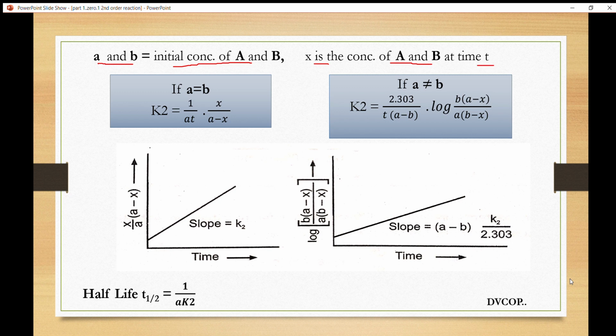There are two possibilities: when the initial concentrations of reactants A and B are equal, that is a equals b, and when the initial concentrations of reactants A and B are not equal.